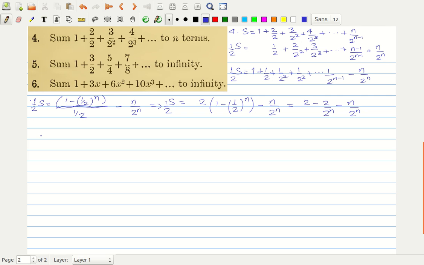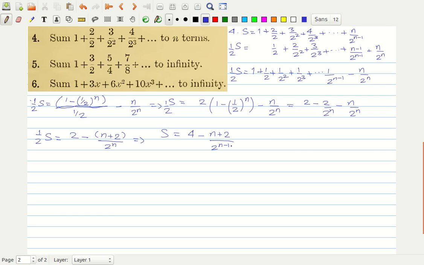So this means that 1 by 2 s is equal to 2 minus n plus 2 divided by 2 to the power n, or s is equal to 2 times 2 is 4 minus n plus 2 divided by 2 to the power n minus 1. So this is our problem number 4.